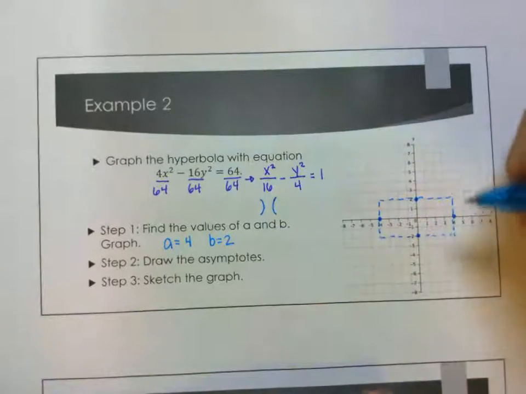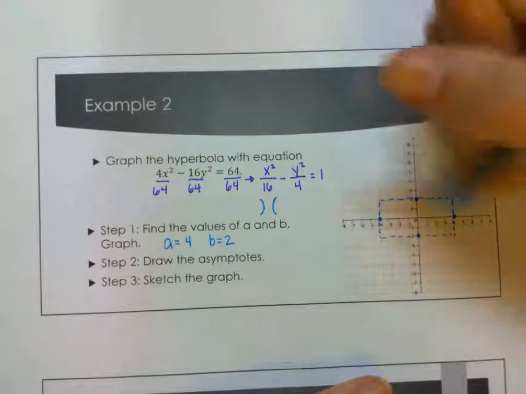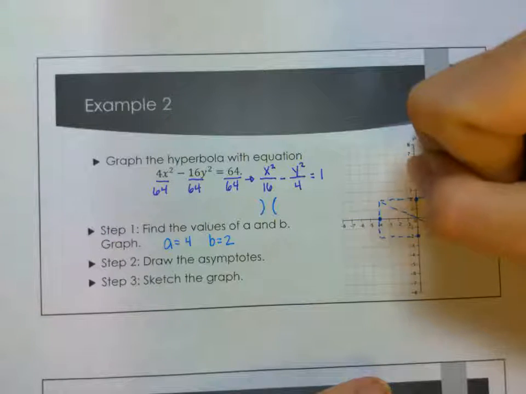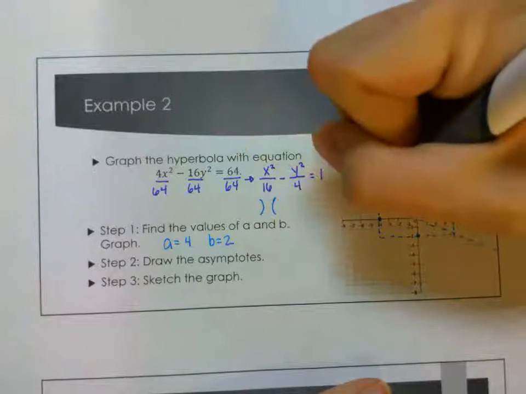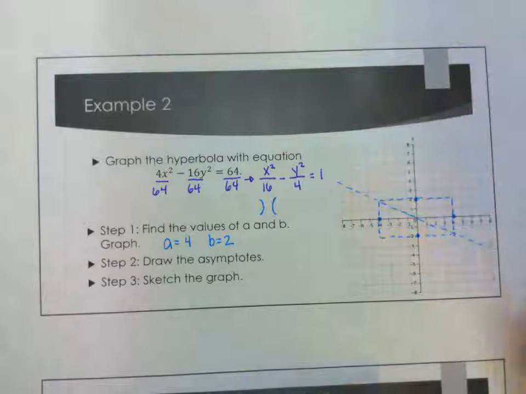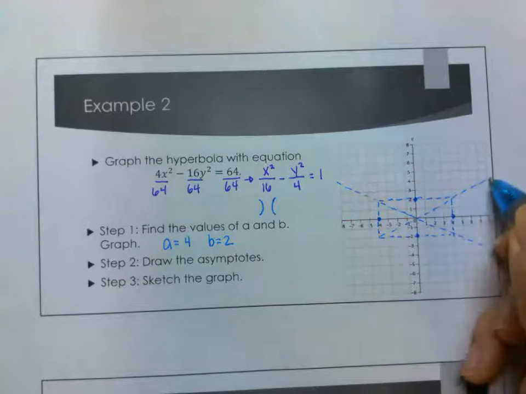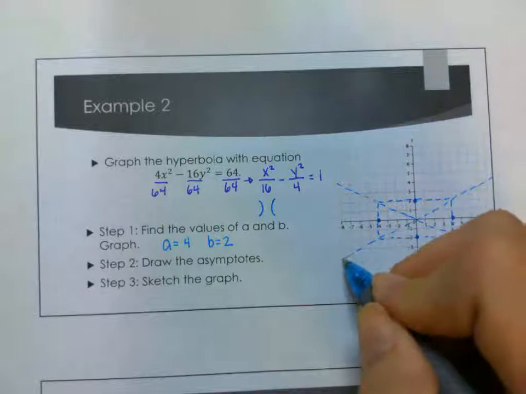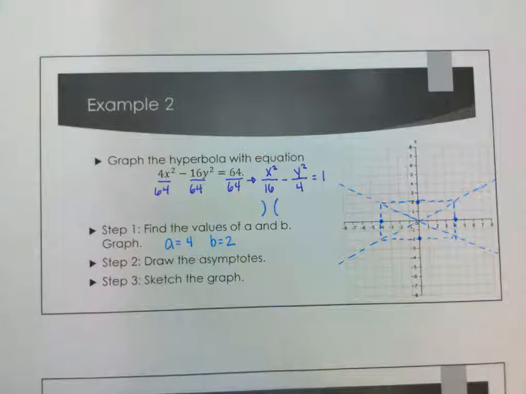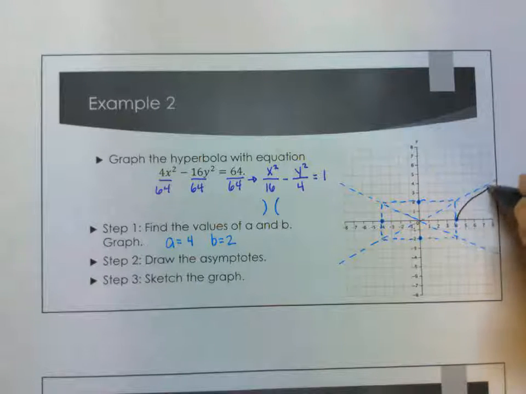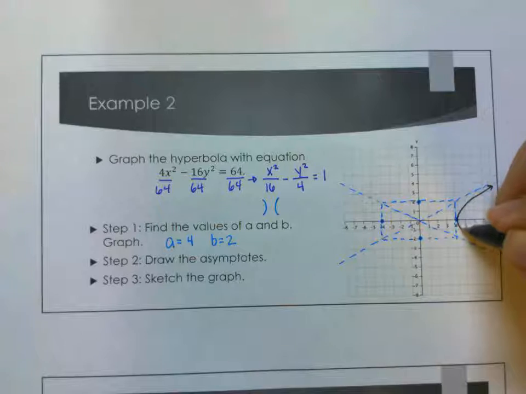All right, next up is to draw the asymptote. All right, and again, I want this opening left and right, so I'm going to start at my vertex right here and get close to the asymptote without touching it.